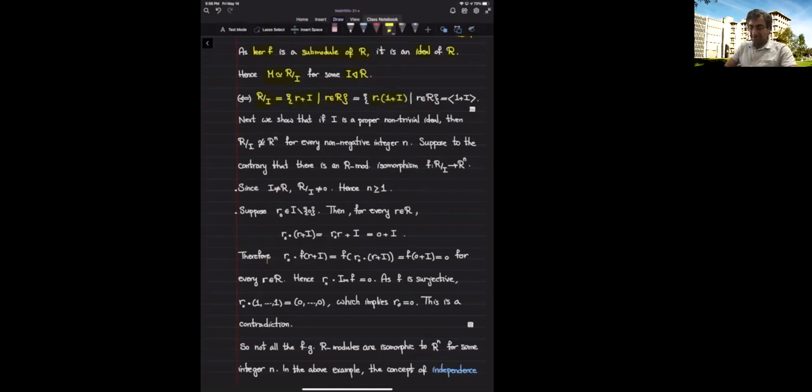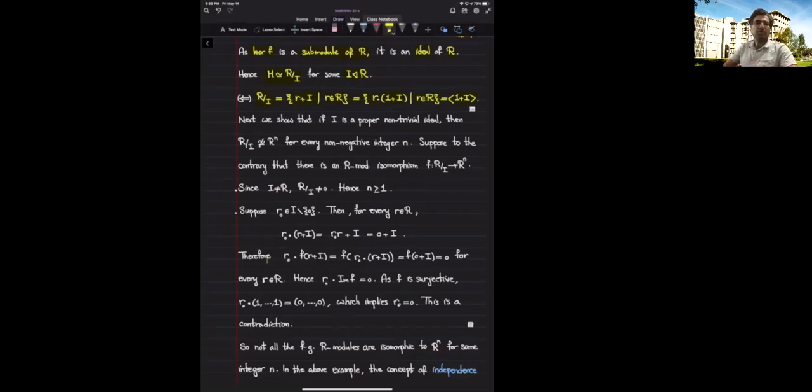So that means as an R module, this module is generated by 1 plus I, the coset that's represented by 1. So the coset that's represented by 1 generates this R over I. In particular, it's a cyclic R module. So this completes the proof of this lemma.